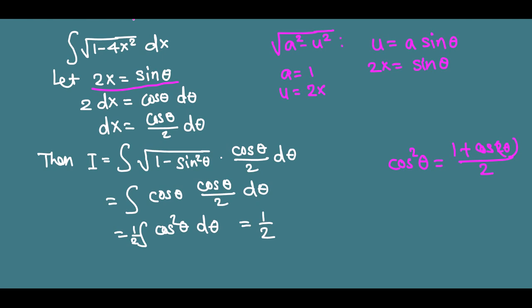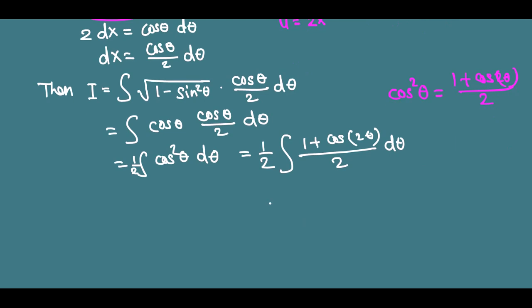So the integral of cosine squared is 1 plus cosine 2 theta over 2 d theta. Now we need to integrate, so we can pull the 2 all the way outside. We get 2 times 2, 4, so 1/4 outside.